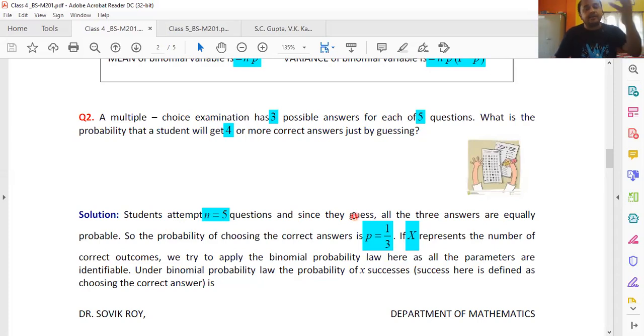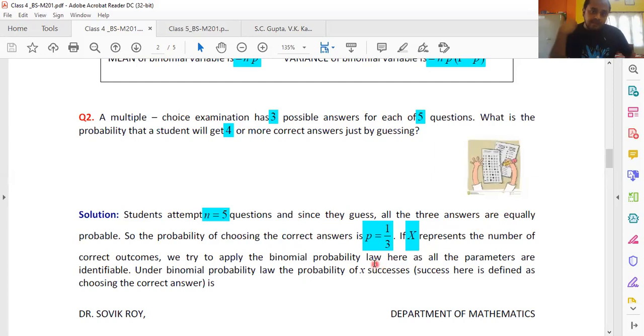Since there are 3 answers, I will allocate 1/3 probability to each of them so that the total probability is 1. So his guessing is actually unbiased, equally probable, and he allocates the probability of 1/3 to each answer.